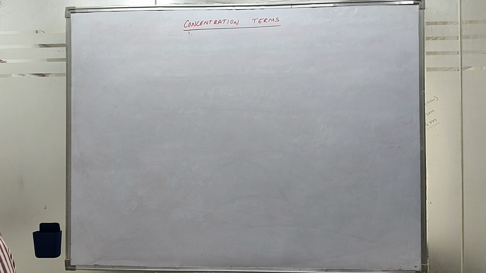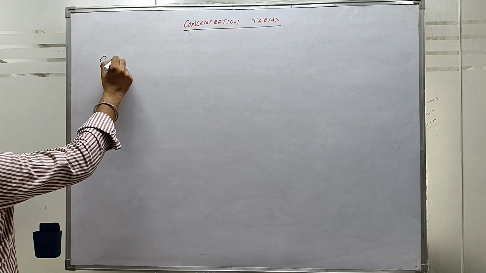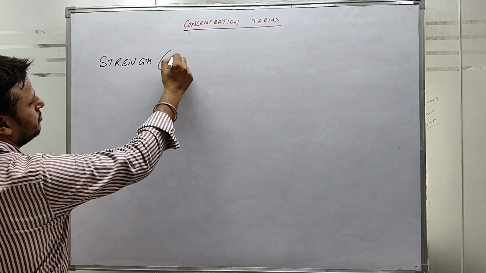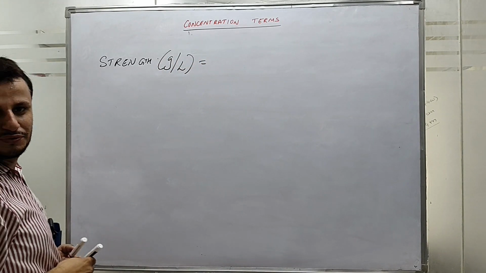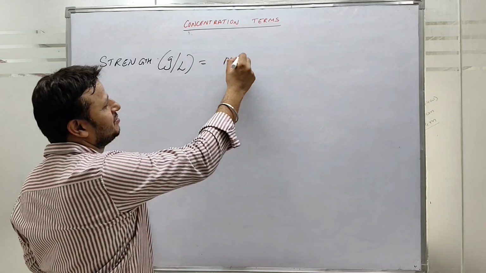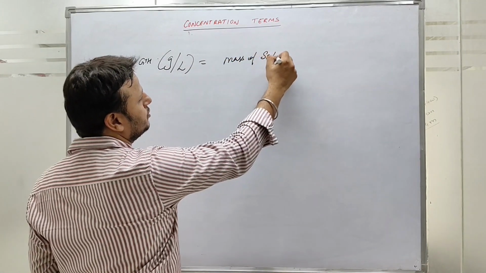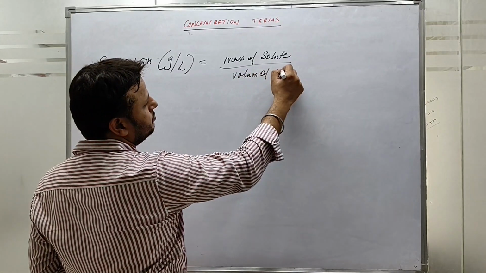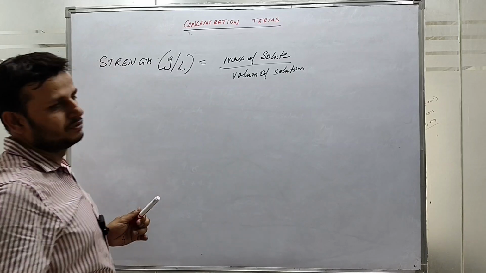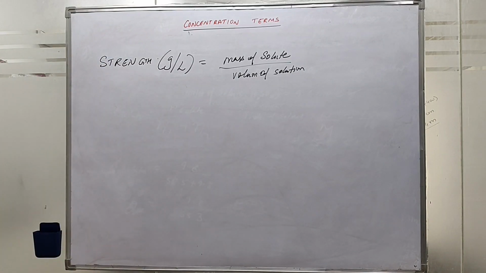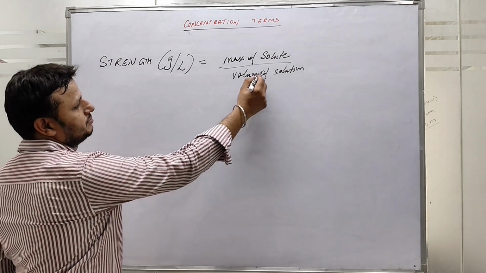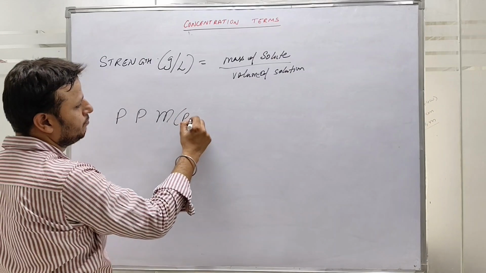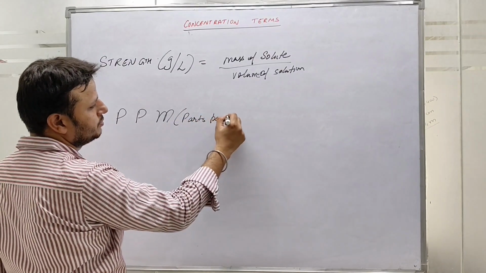And there are few more concentration terms like strength. Strength is gram per liter. समझ गए होंगे, strength means mass of solute by volume of solution. And there are two more terms, ppm, parts per million.